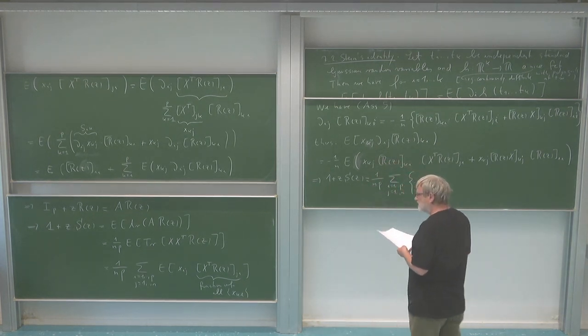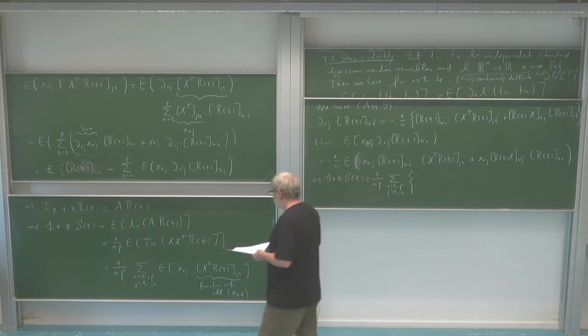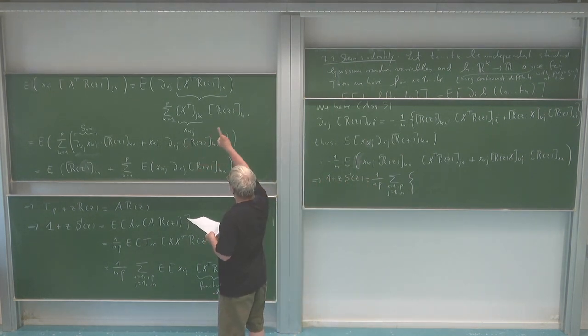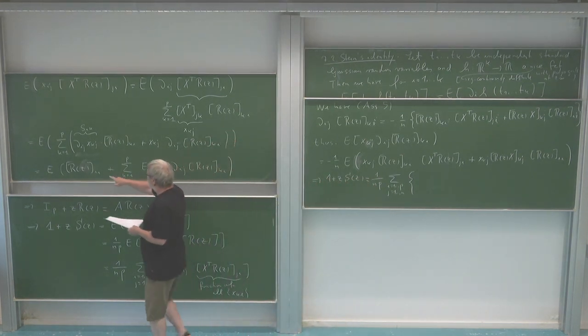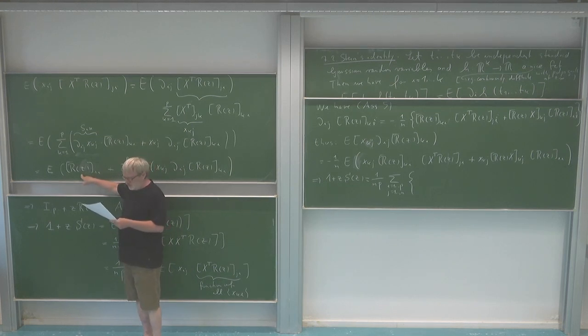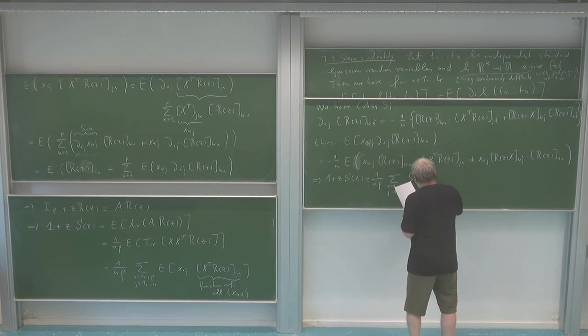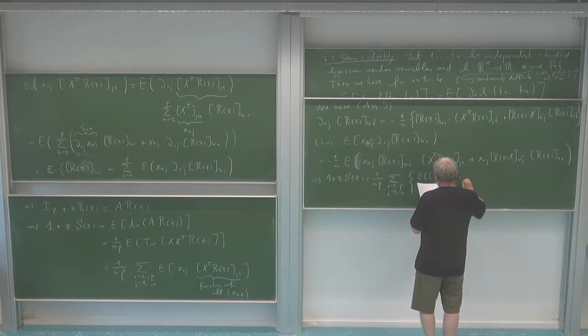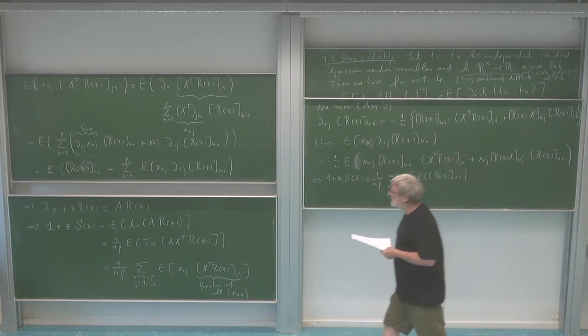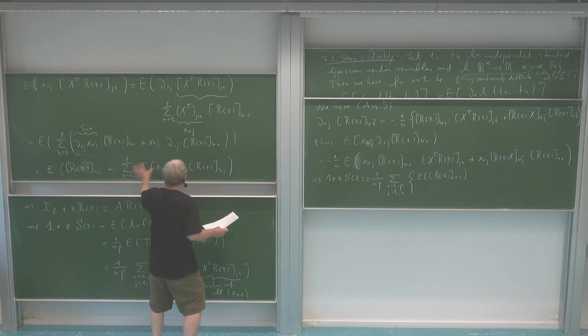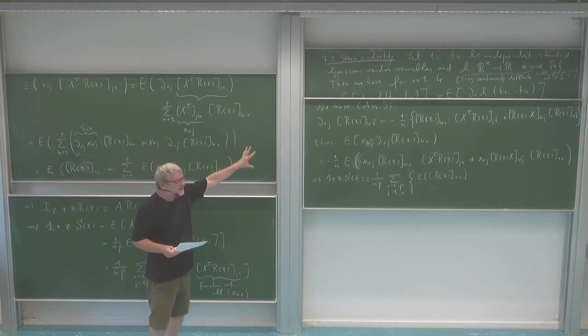And then I have this expectation which I treated there, and I get this first term, which was the easy term. This was just the expectation of r of z_ii. Okay, so that was easy. And then I have this term here, which I treated here.